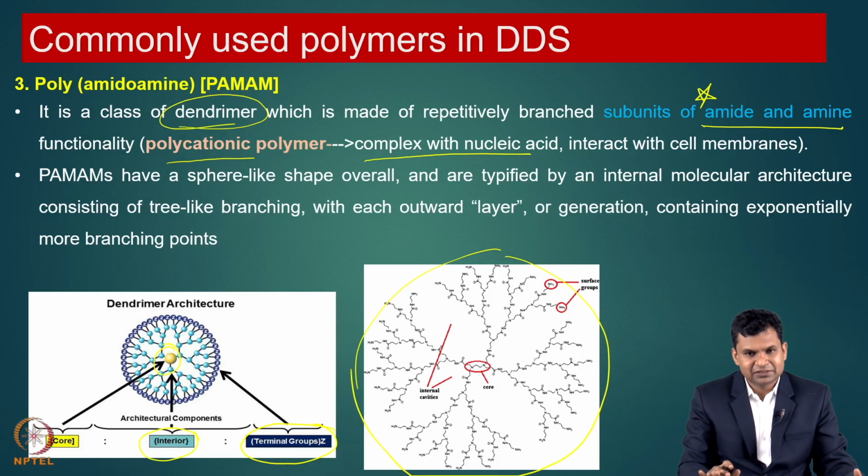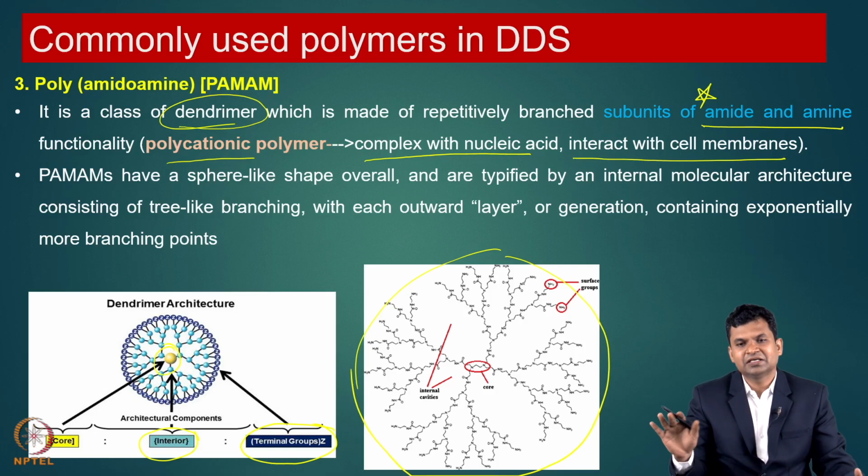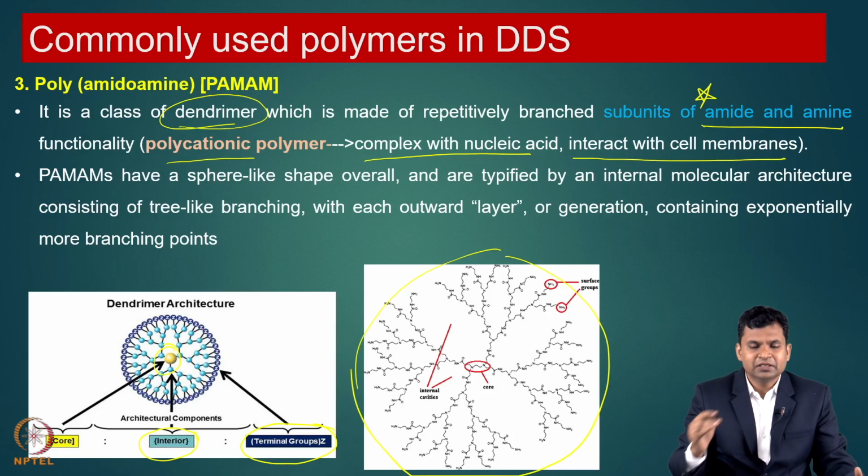Not only that, the positive charge will help to interact with the negatively charged phospholipid-containing cell membranes. With this, we can improve cell uptake by using the cationic or electrostatic interaction with the cell membrane. We have already studied all this.